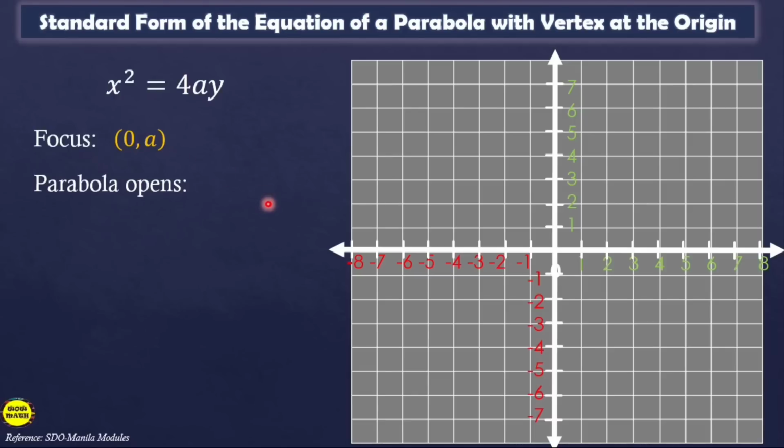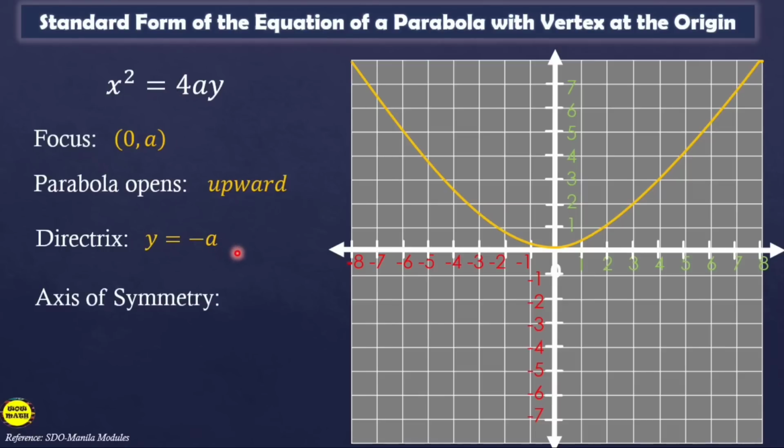The parabola opens upward, since positive itong nandito. The directrix is y is equal to negative a. Kapag opens upward or downward yung parabola natin, yung axis of symmetry natin, vertical yan. So x is equal to 0.